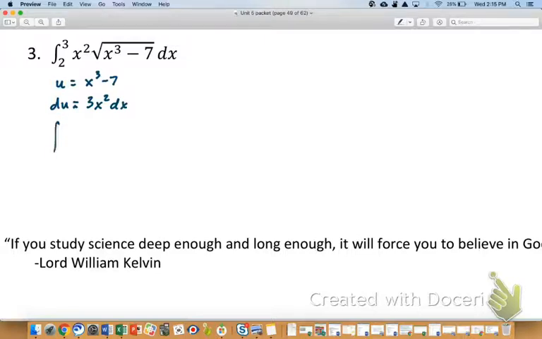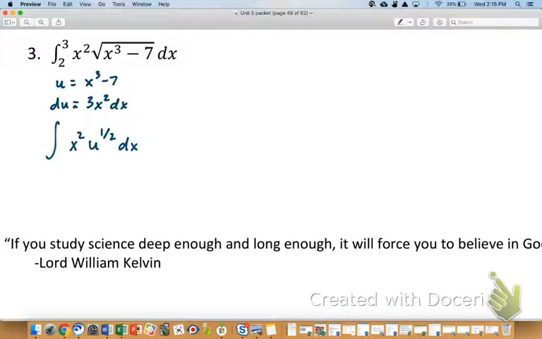So I'm going to start substituting. I'm not going to write my limits of integration in there anywhere, not yet. So I can replace the x cubed minus 7 with u. So I would say u to the 1/2. But if I'm honest about this, I still have an x squared times dx. Does anybody see anything we could substitute in for the x squared dx? Say again?